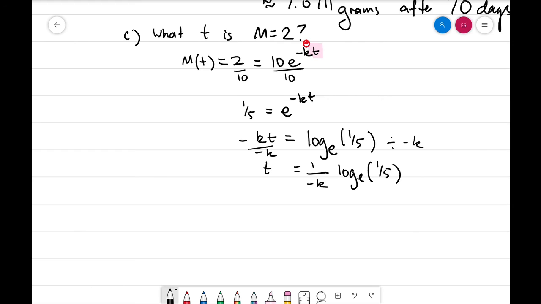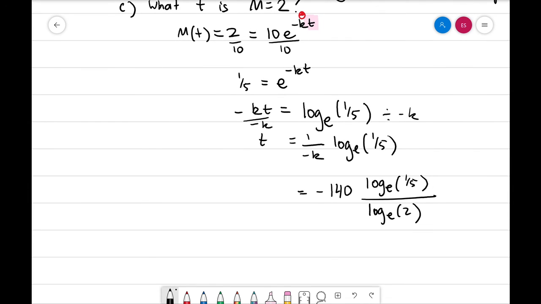Now, that'll end up giving us minus 140 if we actually sub in k, log e 1 on 5 over log e 2.